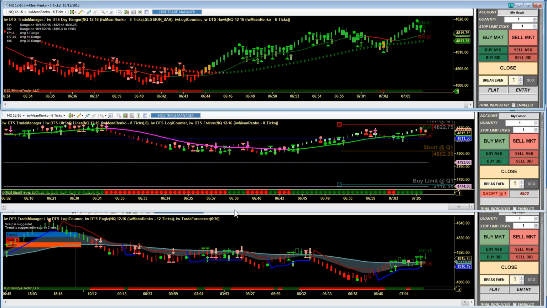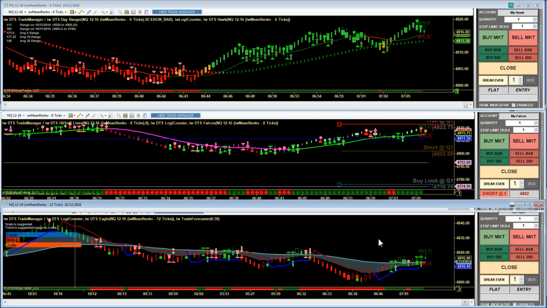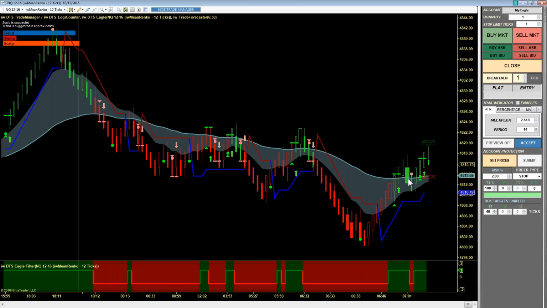Yeah, we're getting all kinds of reversal looks here. We're working a rule of three signal here on the eagle. We've got one signal, two signals, counter trend. We do need to see a retest of the low, however.